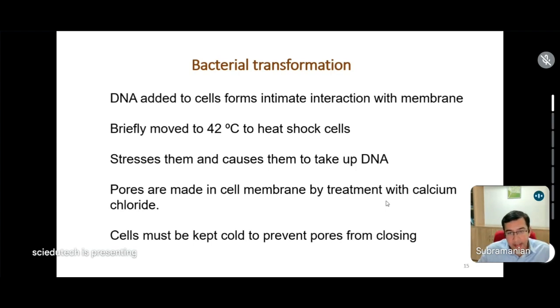So the cells are first treated with calcium chloride to make what are called competent cells. These competent cells are now capable of taking up the gene of interest or plasmid. And that is done just by a small heat shock at 42 degrees. And following this, you need to put the cells in cold to prevent the pores from closing, right?